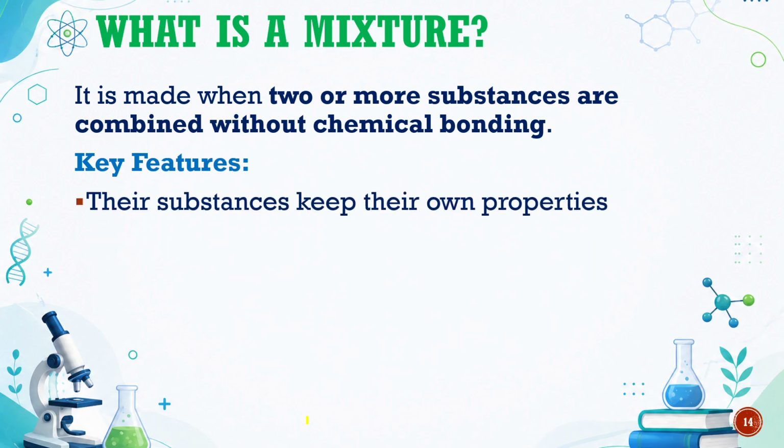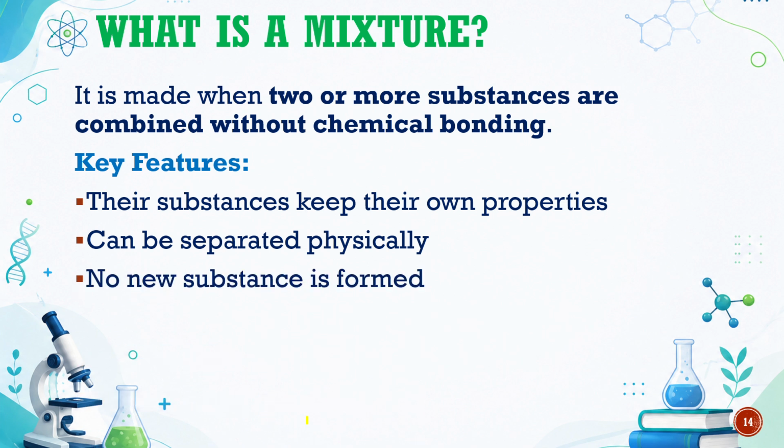The substances keep their own properties because no chemical bonding has happened. The original properties of the individual substances in the mixture remain as they are. Mixtures can be separated physically, because there's no chemical bonding or reaction to form a new substance, so I can still use physical methods to separate the components.